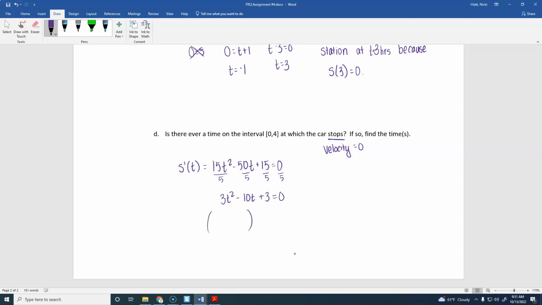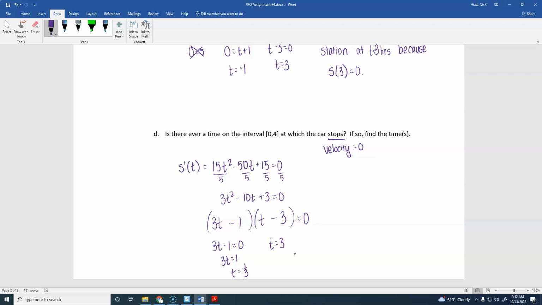And then hopefully this will factor: (3t minus 1)(t minus 3), I think will work. And so we will do 3t minus 1 equals 0. So 3t equals 1, t equals 1/3. And over here we'll get t equals 3.